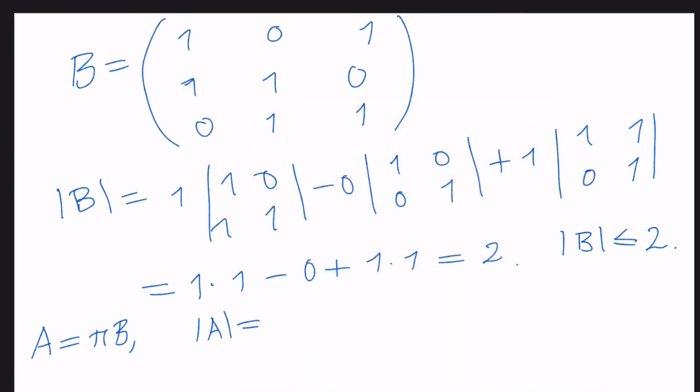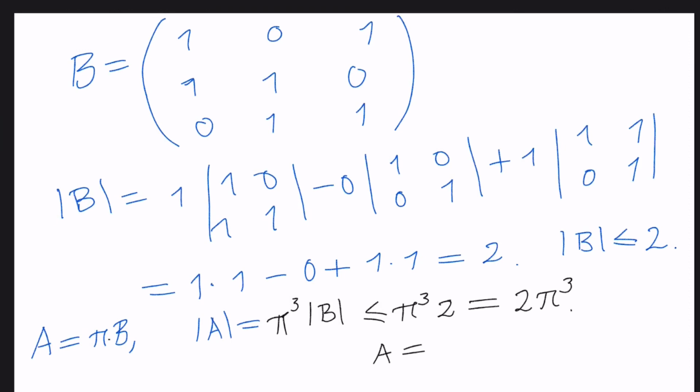If we have a scalar multiplying a matrix, then the determinant is the scalar to the power of the dimension of the matrix, so pi cubed multiplied by the determinant of the matrix B. From what was shown previously, it must be less than or equal to pi cubed multiplied by 2, or 2 pi cubed.